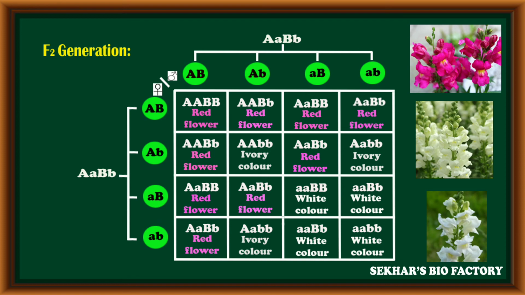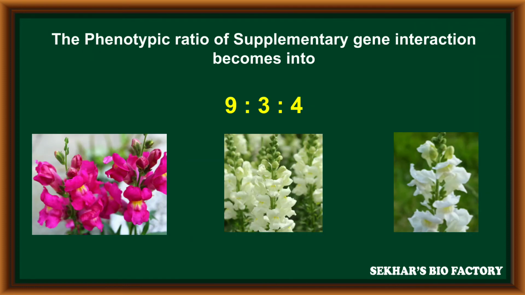In this way, out of 16, 4 offsprings have white color flowers. When we calculate the phenotypic ratio due to supplementary gene interaction, out of 16 individuals, 9 are with red color flowers, 3 are with ivory color, and 4 are with white color flowers. That phenotypic ratio becomes 9:3:4.